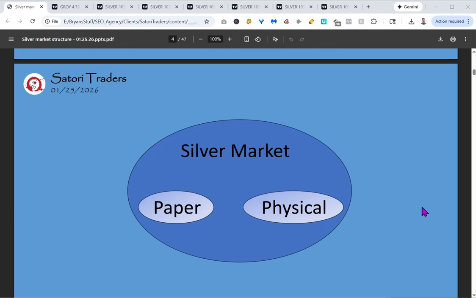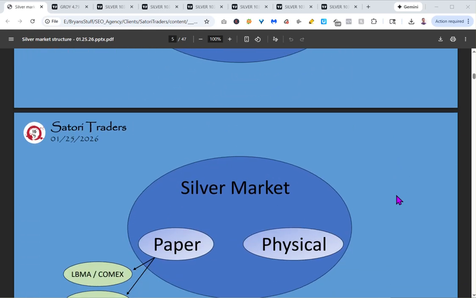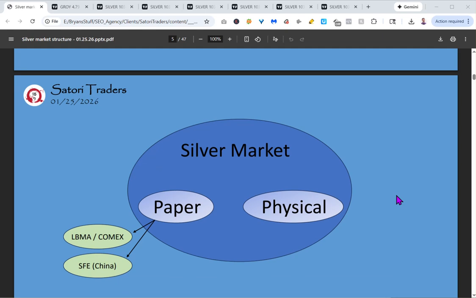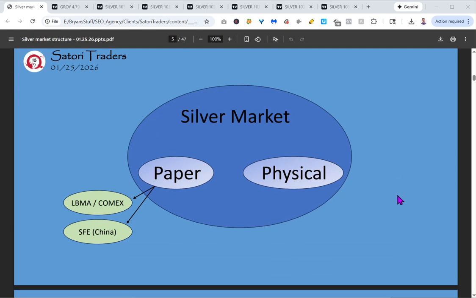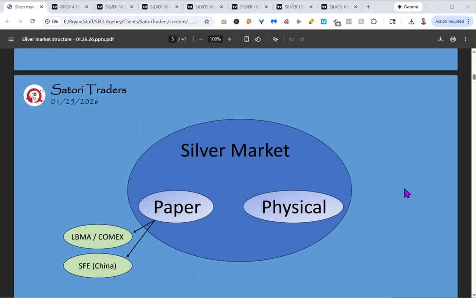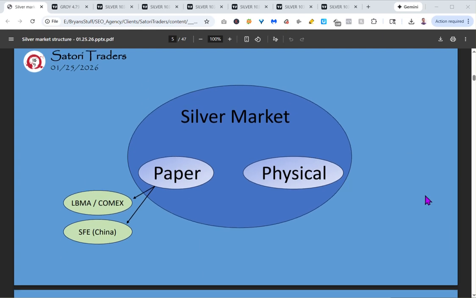Part of what I'd like to communicate in this video is that I think we are in the midst of some fundamental structural changes. I'm focused on silver, but we could apply some of this to all of the commodities markets probably. There's some structural changes going on, but anyway, let's dig in another layer.